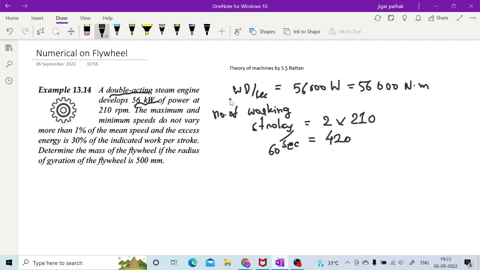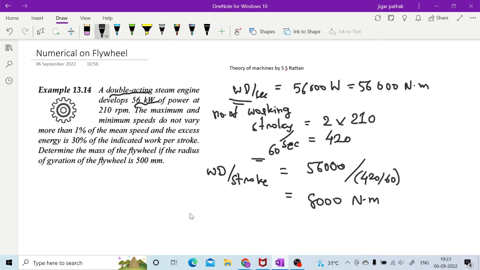So in short, you have this work done per second and this number of strokes per second. From this you can derive work done per stroke. So work done per stroke will be 56,000 divided by 420 by 60. So it will give you 8000 Newton meter.